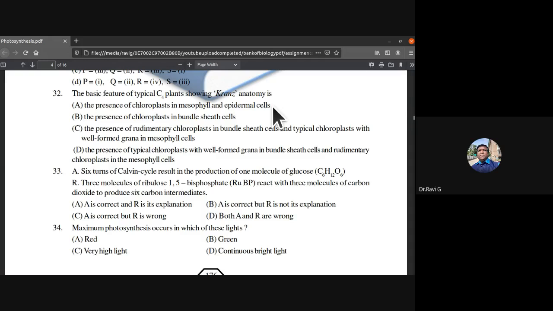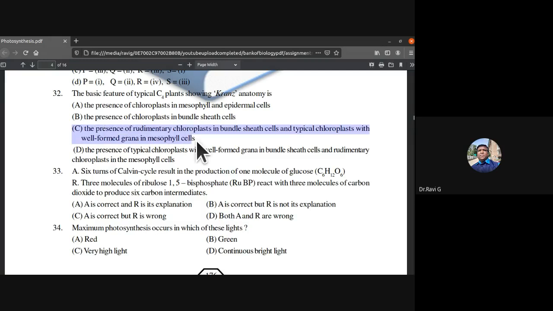So all this we have to remember. The basic feature of typical C4 plant showing Kranz anatomy is the presence of chloroplast in mesophyll and epidermal cells, the presence of chloroplast in bundle sheath cells, the presence of rudimentary chloroplast in bundle sheath cells and typical chloroplast with well-formed grana in mesophyll cells. So this is the right answer, isn't it?